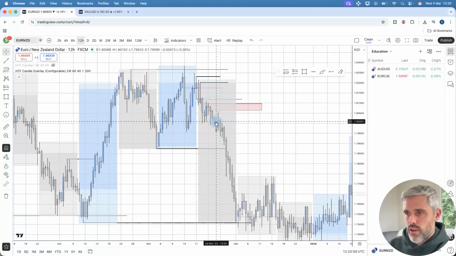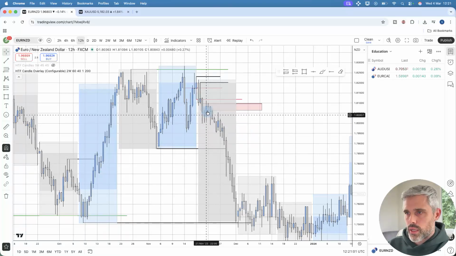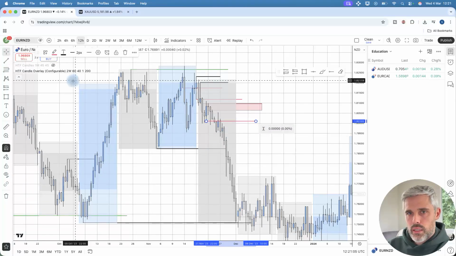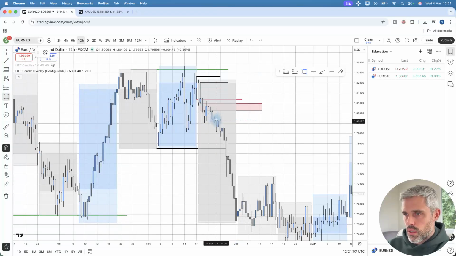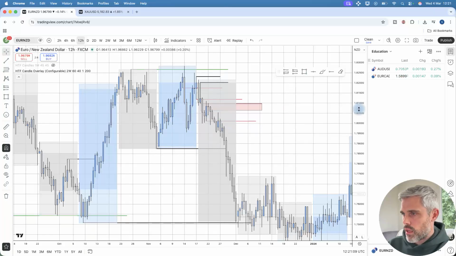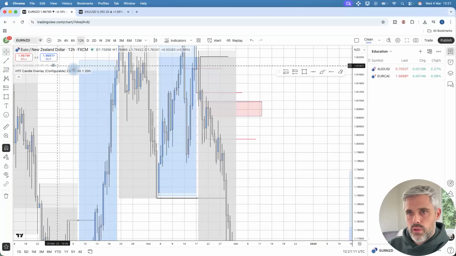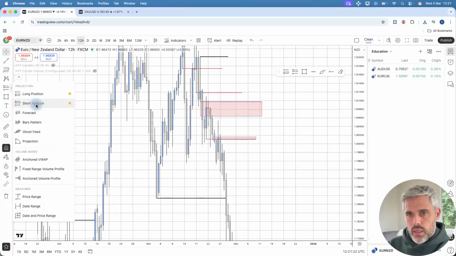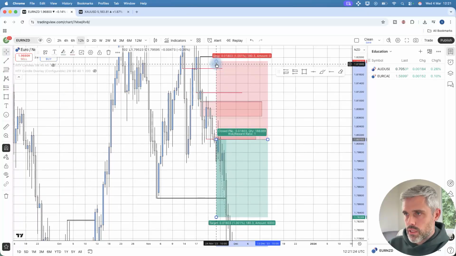Here is a new fair value gap and a new order block. So again, you could have got in for another opportunity here. There's the order block. There's the fair value gap. It's slightly small here. If I take away the 2-week, you can see we have new buy to sell fair value gap. What does price do? It comes in, tags the inefficiency.